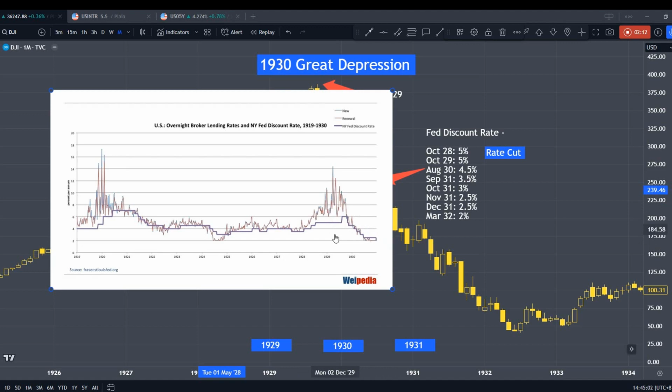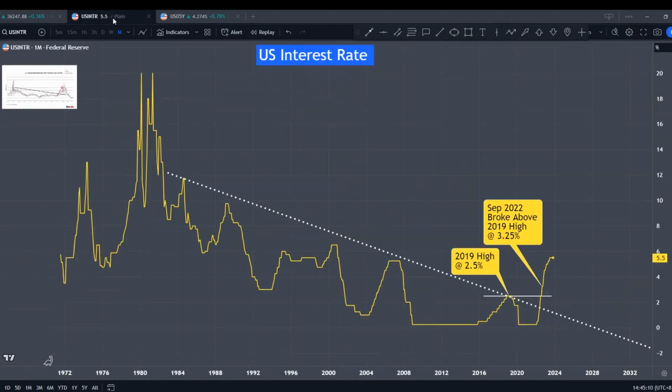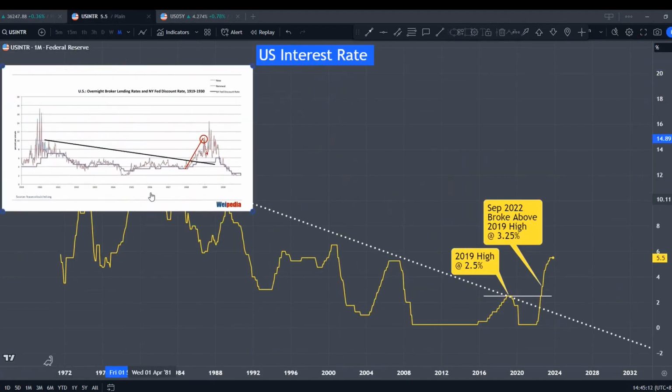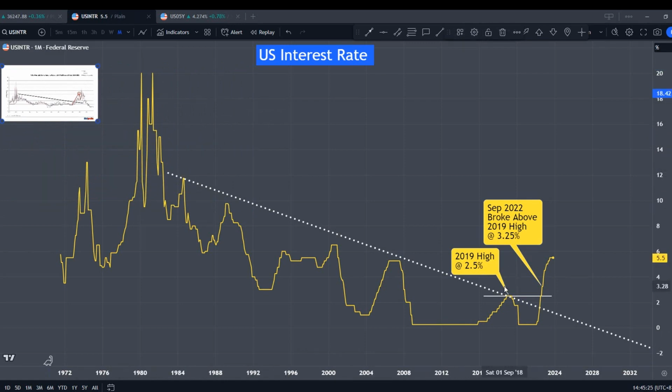And what I'm going to do next is a hypothetical study in pattern recognition. We're going to compare the interest rate of the 20s and 30s to the last 40 years of interest rate, the 70s, the 80s into the millennium, to see whether we can get some clue where the interest rate is heading.